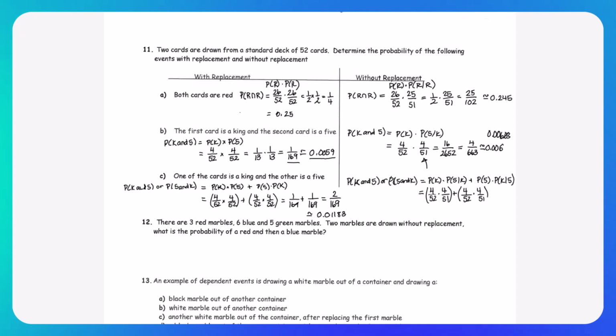So we get this. Now that means really it's that doubled. So it's really 4 over 663 plus 4 over 663, which is 8 over 663, like that. And that is approximately equal to 0.0121, or let's just say 12.